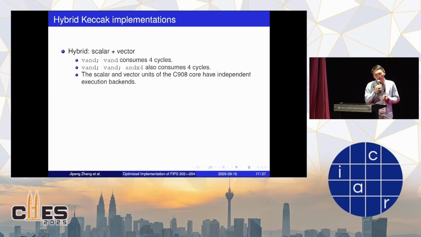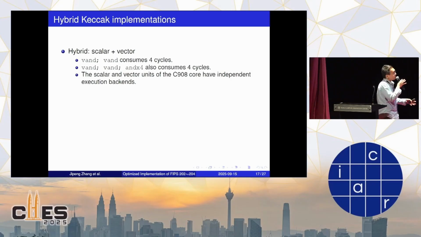The hybrid idea is an interesting approach to mix scalar code and vector code together to improve the efficiency. Let us see two instruction sequences. The first, 2 vector AND consumes 4 cycles. And then 2 vector AND followed by 4 scalar AND also consumes 4 cycles.